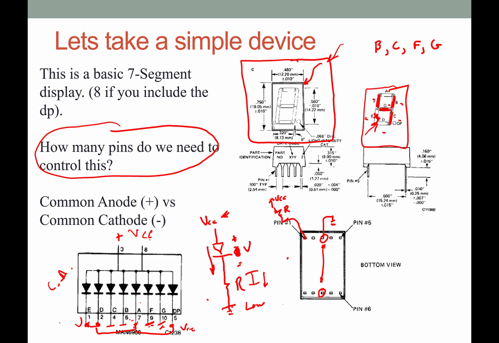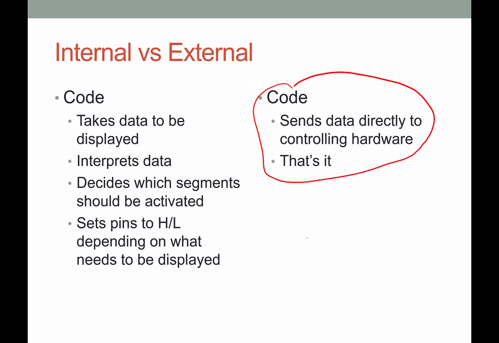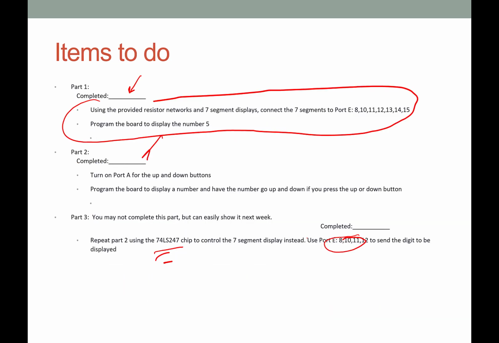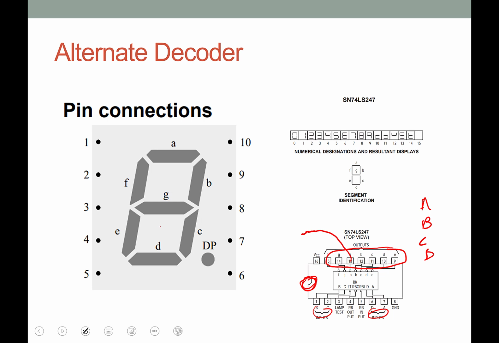Pin A was pin 7. Oh, here it is again. Pin A was pin 7. So pin A here, which is pin 15 on the decoder chip, has to be tied to pin 7 there.